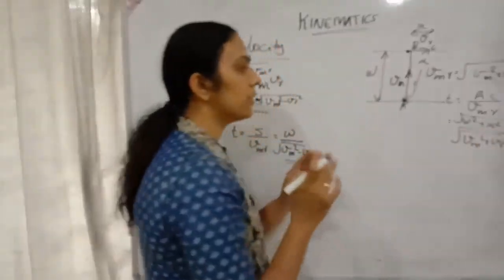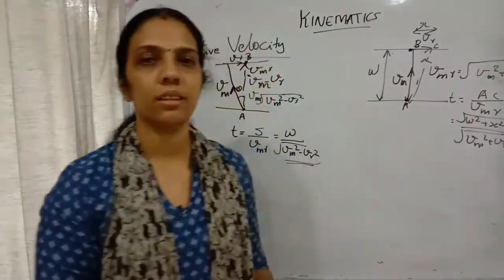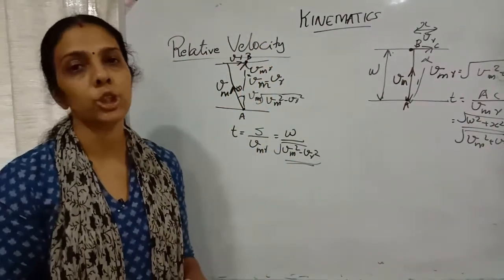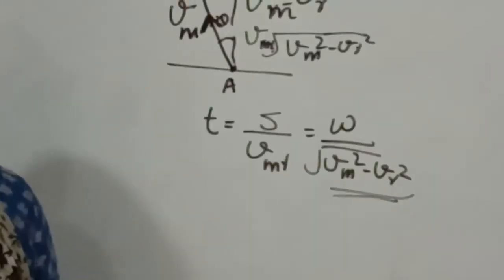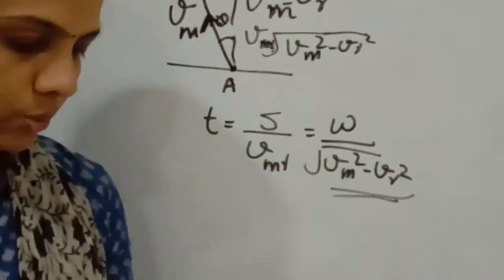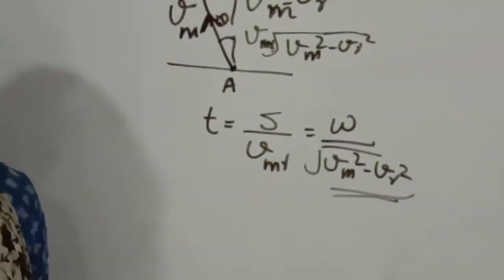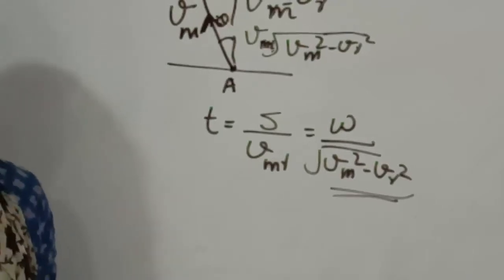Okay, clear children? This is how we find the shortest time for crossing the river. These are the formulas which we discussed in the last class. Relating to that, we are going to do some numericals from DC Pandey's book for NEET and JEE preparation.